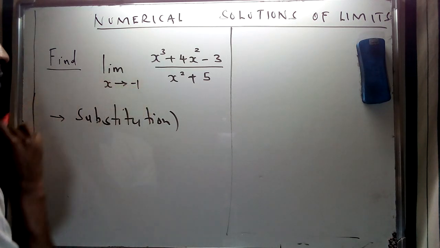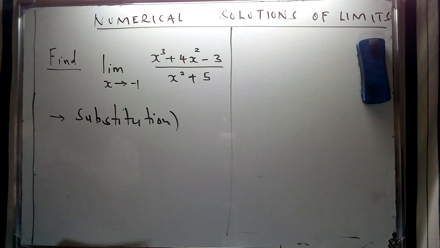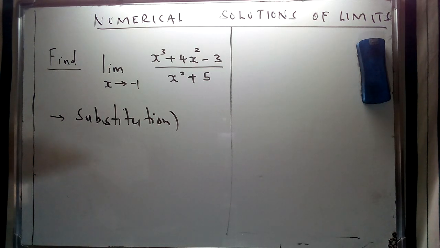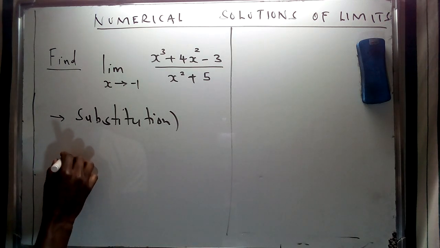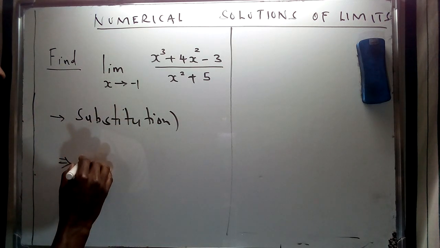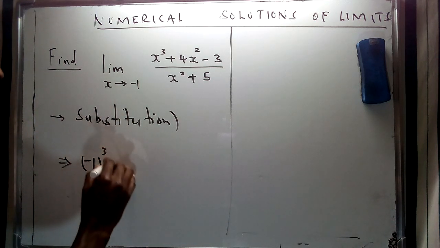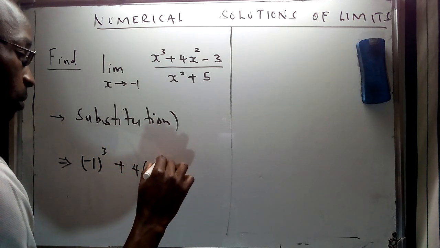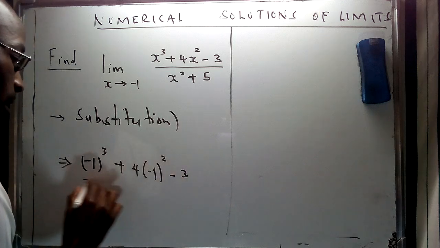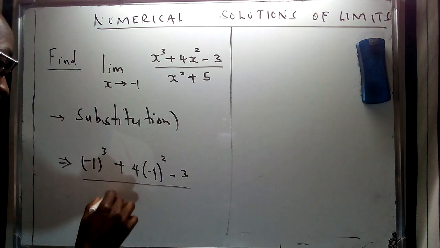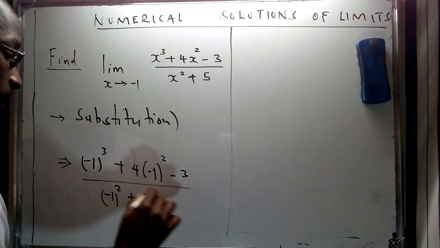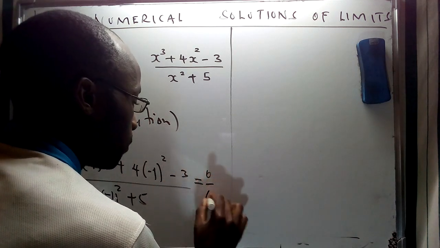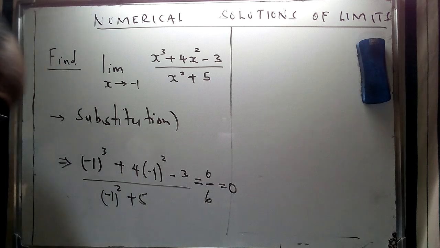So in our case, our number is -1, and therefore we're going to do a substitution and find this specific limit, implying that we're going to have (-1) to the power 3 plus 4 into (-1) to the power 2 minus 3, and this is all over (-1) squared plus 5, and this is going to give us a value of 0 over 6, which is basically equivalent to 0.